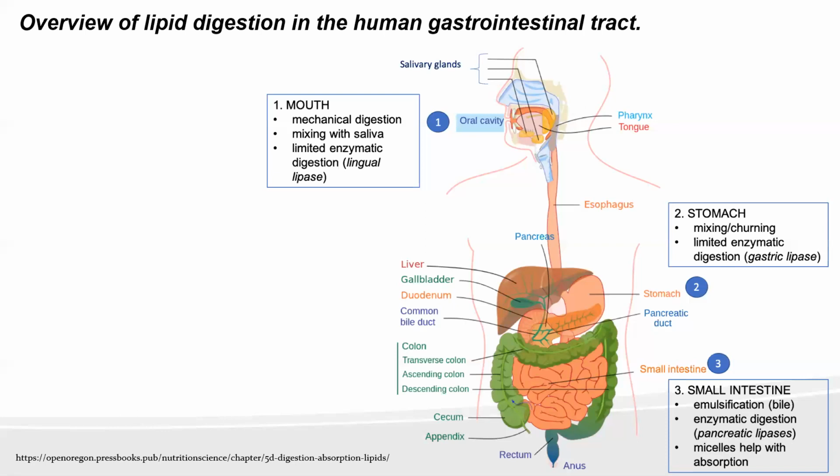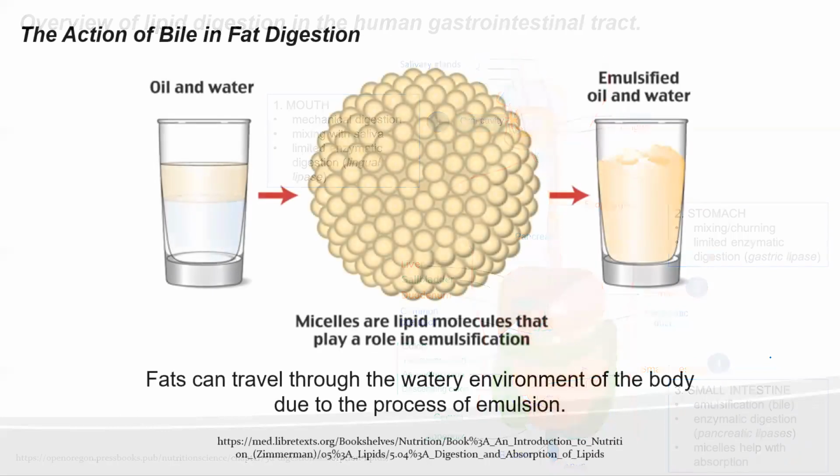You can see the intestine, it's talking about emulsification, enzymatic digestion, and then ultimately the absorption into the intestinal cells. Okay, so like I said, I like this one because it was relatively simple and straightforward, kind of a 1, 2, 3 punch. Getting down to the cells.